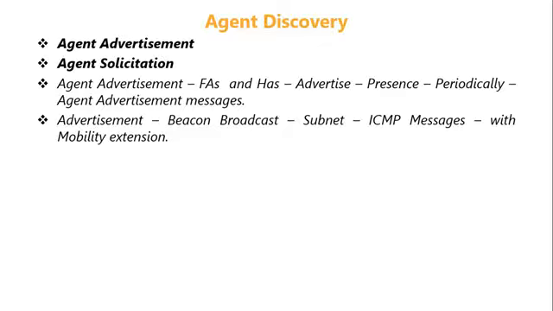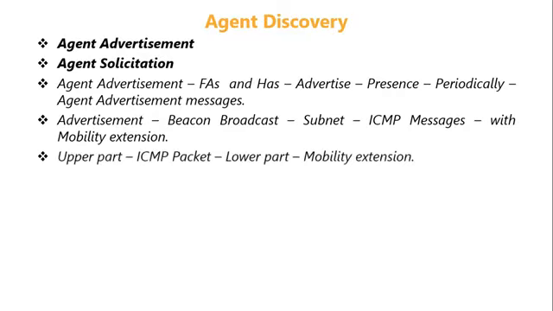The agent advertisement message contains two parts. The upper part represents the ICMP packet, while the lower part is the extension needed for mobility.